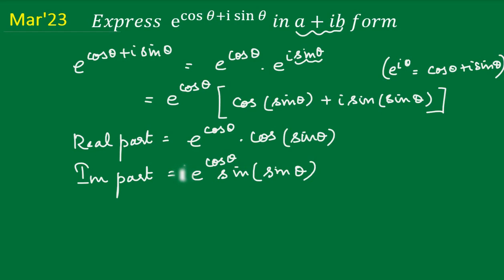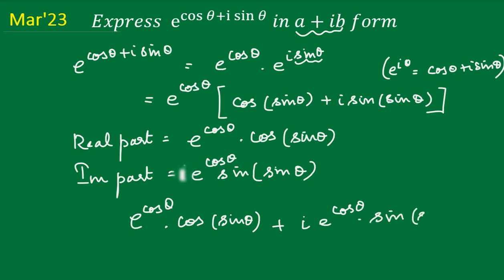When we want to write it in the form of a plus ib, it can be written as e power cos theta into cos of sin theta, plus i into e power cos theta into sin of sin theta.